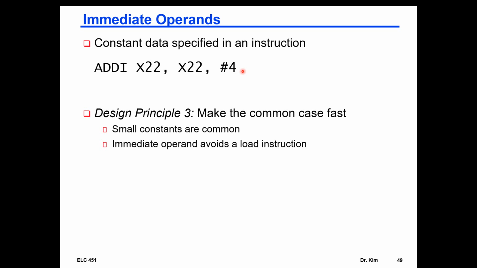So the range is going to be restricted, but it so happens that a lot of the constants that are used are small. So it works out. It's a common case. And remember that one of the principles that we looked at in the first chapter is to make the common case fast, to be able to enhance the performance of our processor. So that's another way of utilizing that immediate field, with immediate arithmetic instructions.